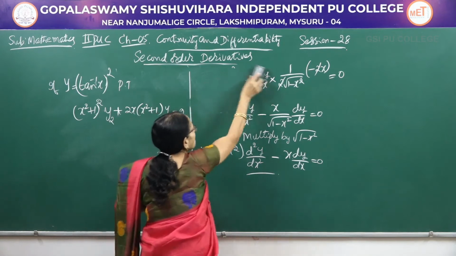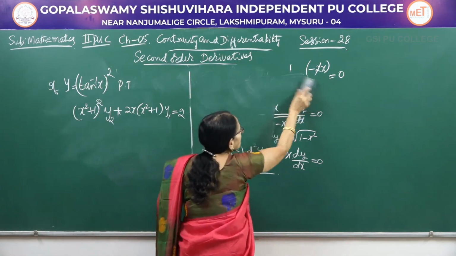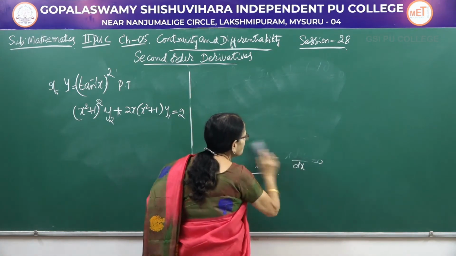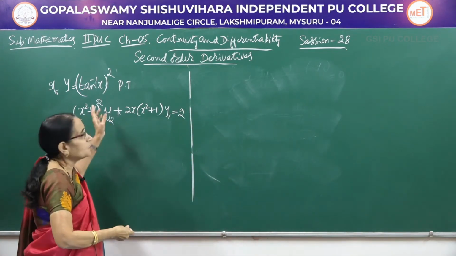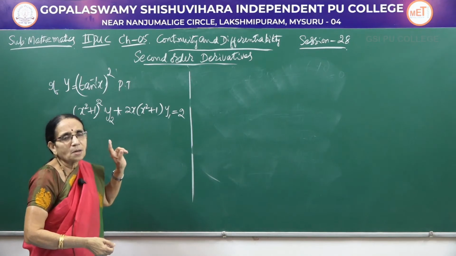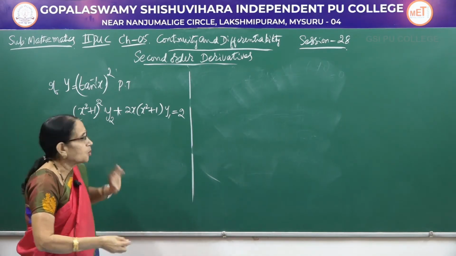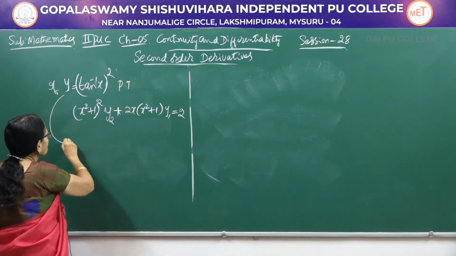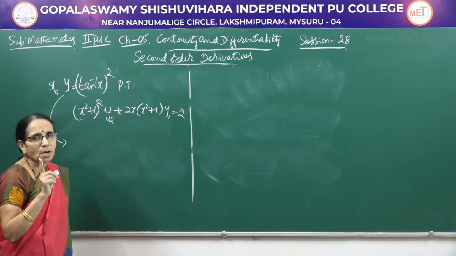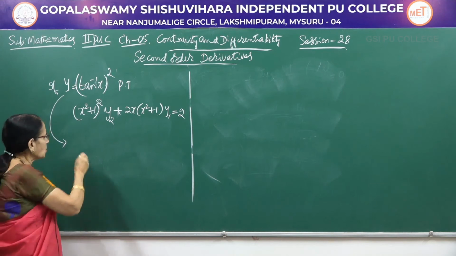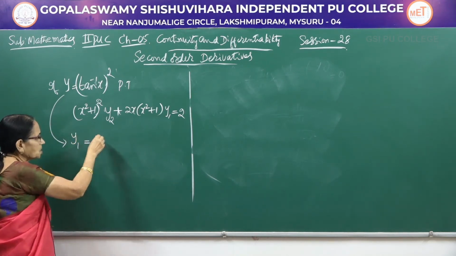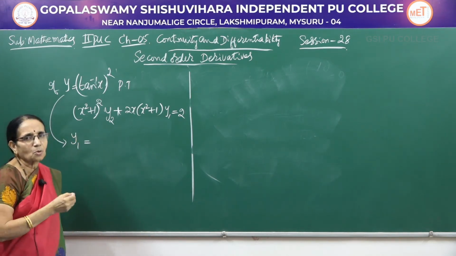The procedure here is the same, but the difference between the previous and this is you are having a composite function. We had only sin inverse x, now we have tan inverse of x the whole square. So, start with the given function, differentiate once. Because y1, y2 have been given in the problem, let me use the same notation. Whatever notation they have given, better use that one.